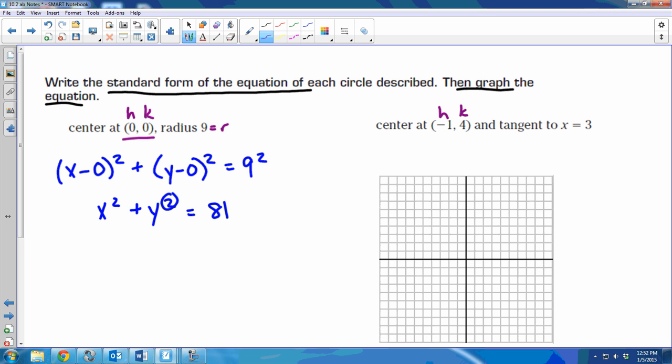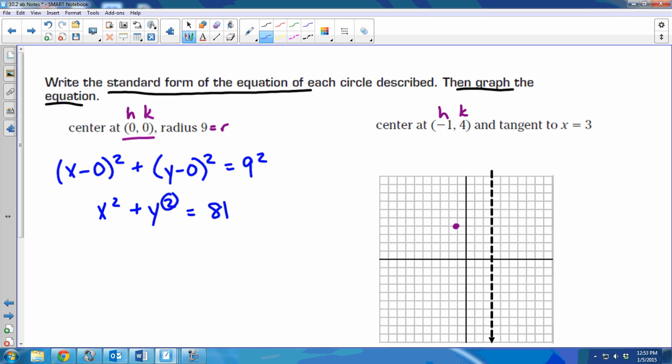I'm going to go ahead and put it on the graph so you can see visually how I'm getting the radius. The line x equals 3, is that a horizontal or vertical line? Vertical. X equals 3 is a vertical line. So at x equals 3, that's right here. We know the center is at negative 1, 4, which is right here.